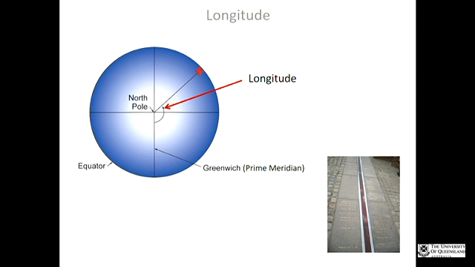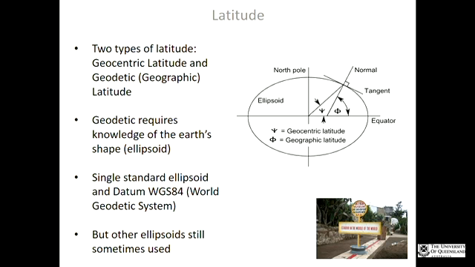If we want to measure longitude, all we do is draw a line from the point we're at to the North Pole, and then we measure the angle from Greenwich, plus this way and minus this way. So you can see now why it's an angle. Make sense? Straightforward? And that's the prime meridian in Greenwich, if you haven't been there.